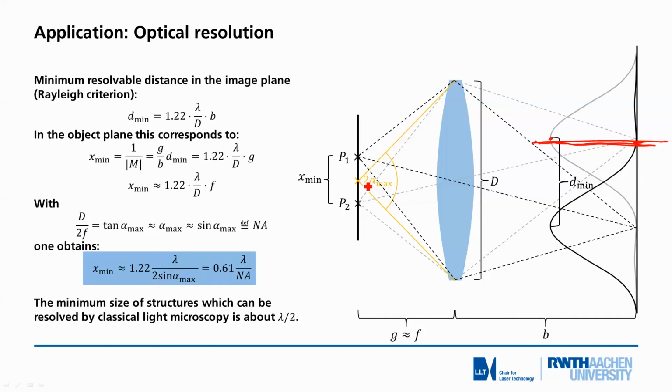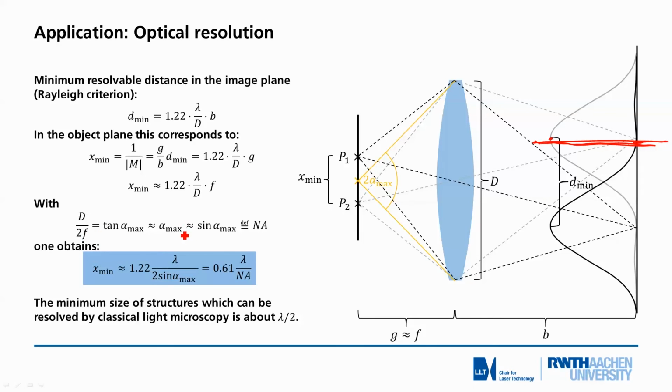And if you now look at the mathematics of the result, you remember the minimum resolution can be derived as the difference of these 2 maximum and minimum diffraction patterns. This is 1.22, again the Bessel factor, lambda over d times g, and g is the distance of the object plane to the lens.